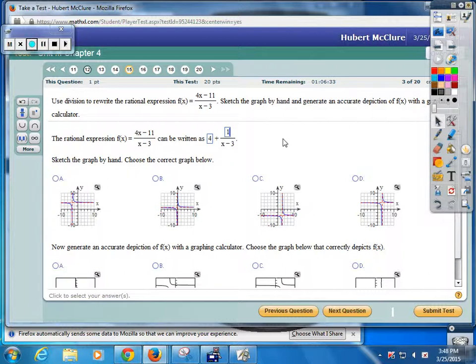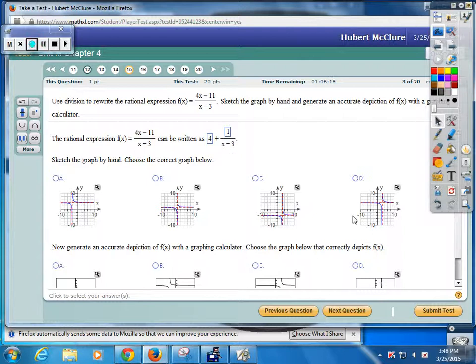You got to use long division there. And then sketch the graph. This is 1 over x minus 3, so you got a vertical asymptote at where? At 3, Hubert. That's right.